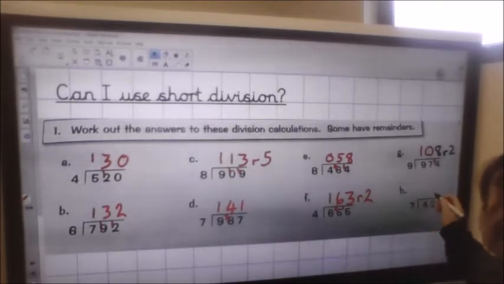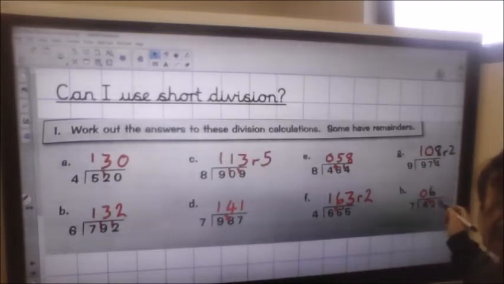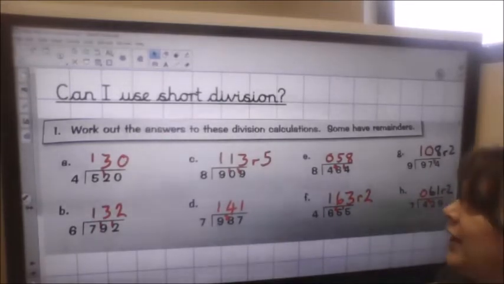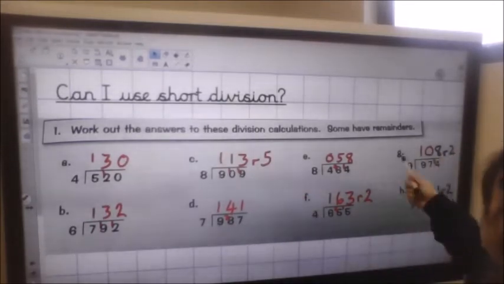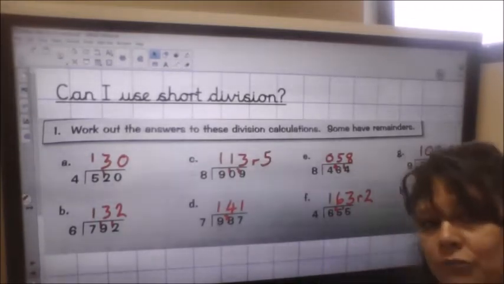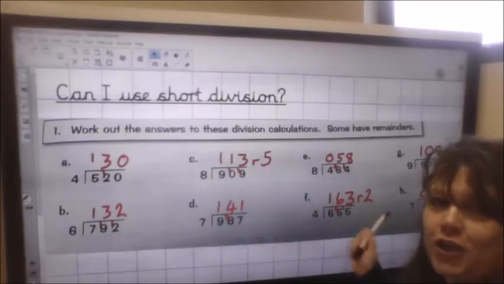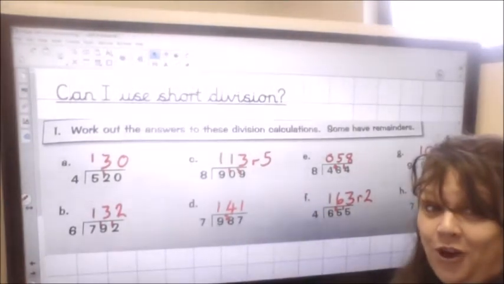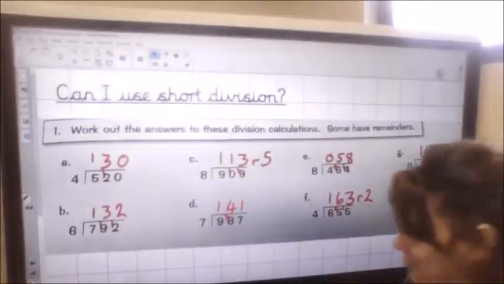So 7 into 4 doesn't go. 7 into 42 goes 6. And 7 into 9 goes once, and we've got 2 left over. So C, G, F, and H all had remainders. The rest you could divide exactly. So hopefully you got all of those right.